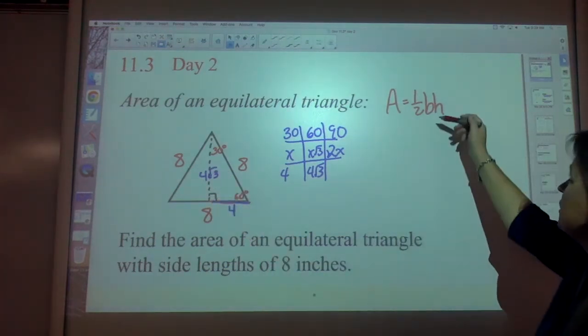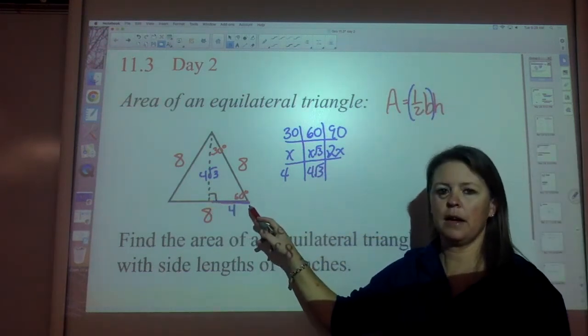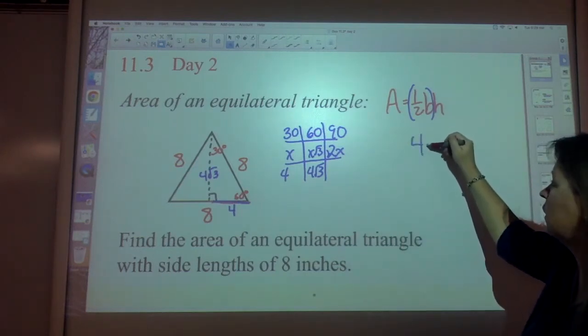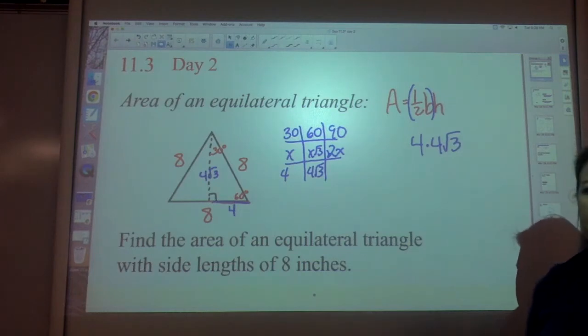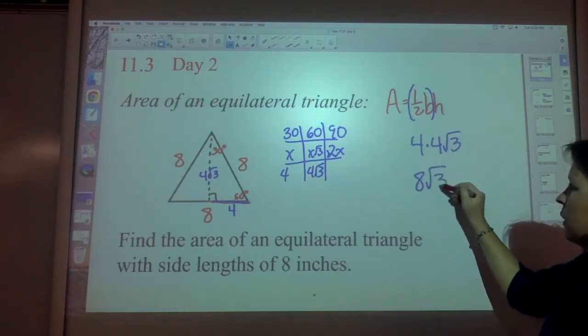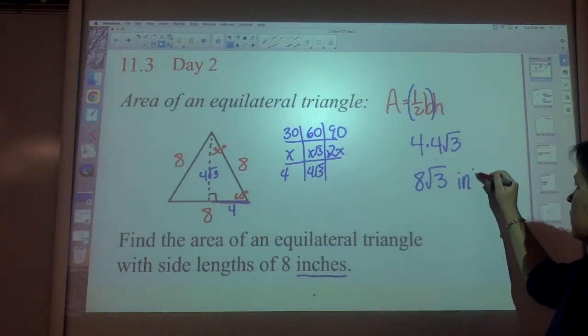Now we have a couple options here. Since we always have to cut that in half to find our height, we could just do half of our base, which is 4, times our height, which is 4 square root of 3. Half the base times the height is 8 square root of 3 inches squared.